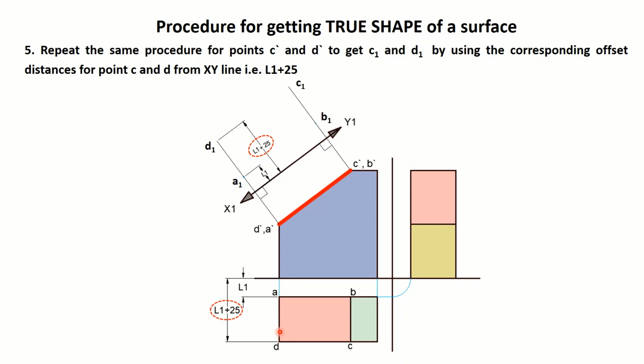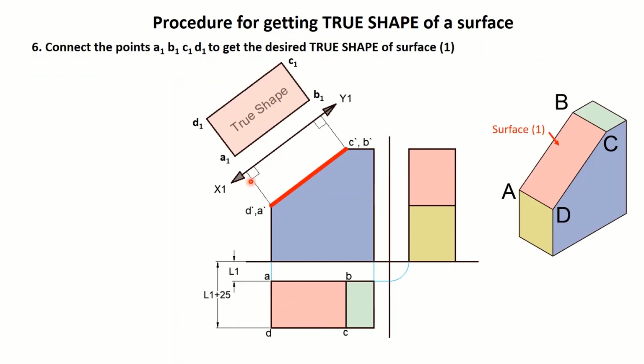So this L1 plus 25 is the offset distance for D and C. This way we get points A1, B1, C1 and D1, and if we connect all these four points, this shape will be called the true shape of surface ABCD, that is surface 1.